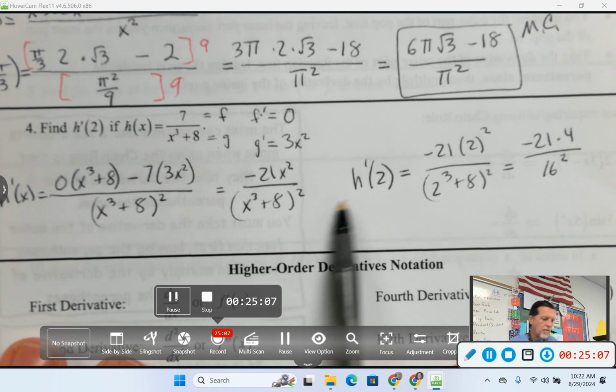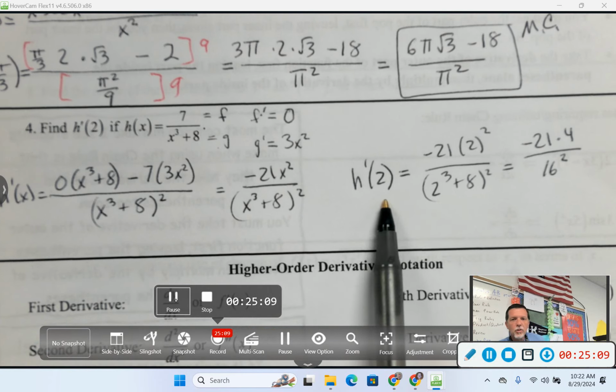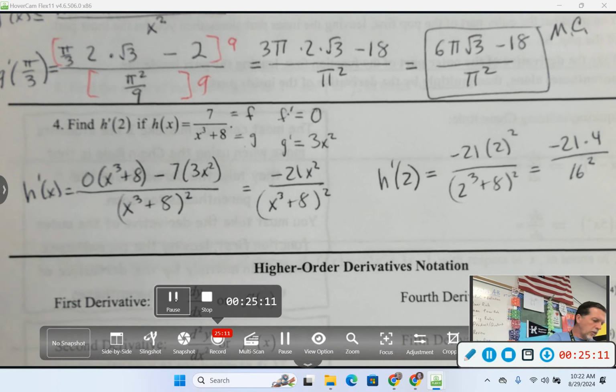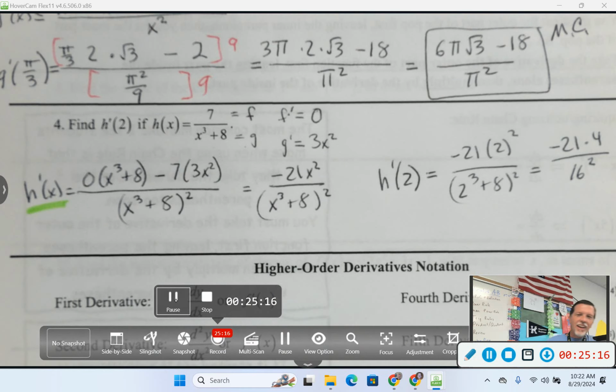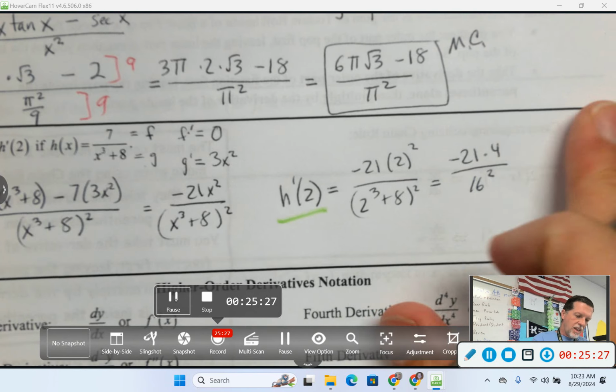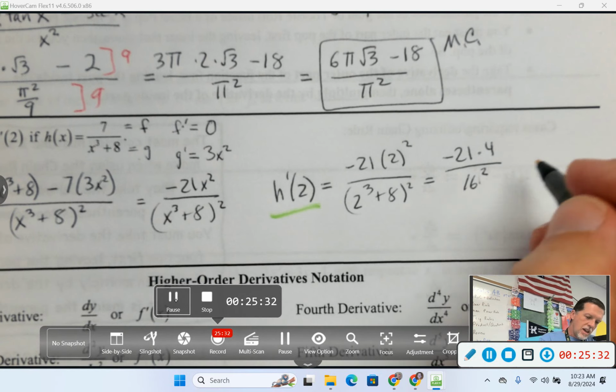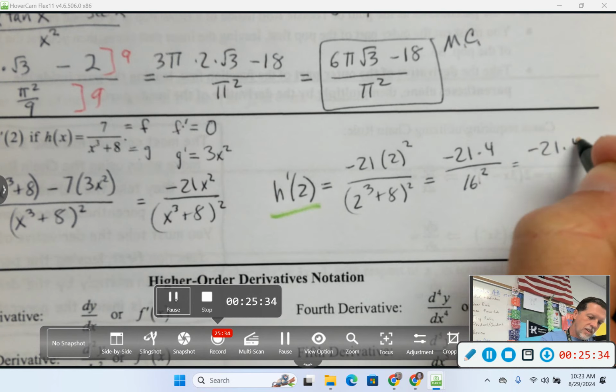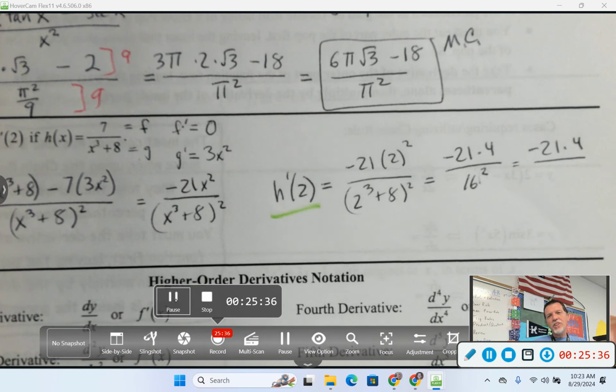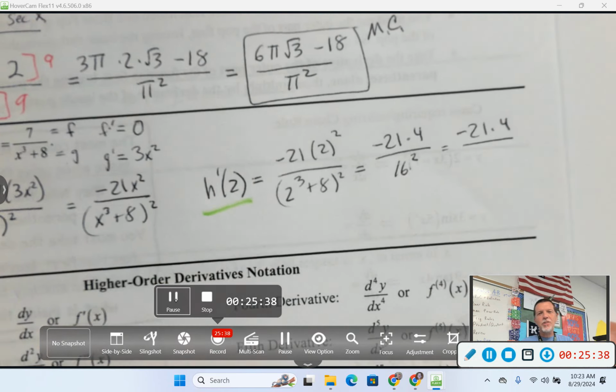So we make it this far, and then we plug in 2. Again, be careful with your labeling. H prime at x versus H prime at 2. Those are different things, so label them appropriately. That would be a safe stop. It wouldn't be the final answer. If I do 16 times 16, I'm going to have to reduce.